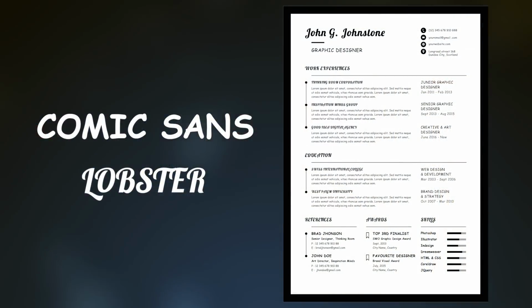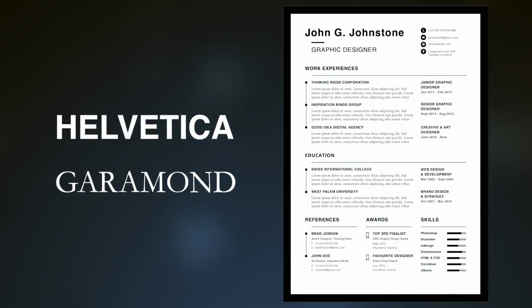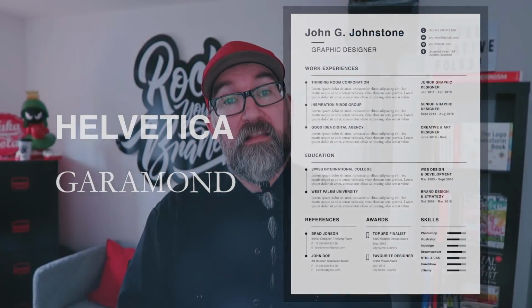Both of those things should not really use something like Comic Sans or Lobster. They're not appropriate. They just don't have the right feeling. What you want to use is something like Helvetica or Garamond, which look more serious and more professional and get across the right feeling for that particular type of document.